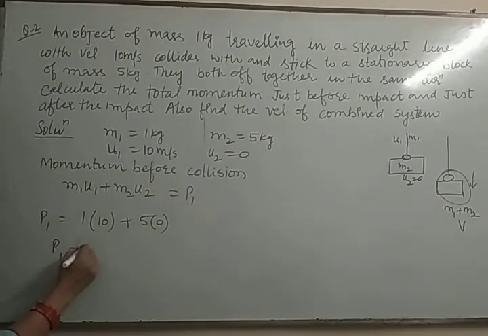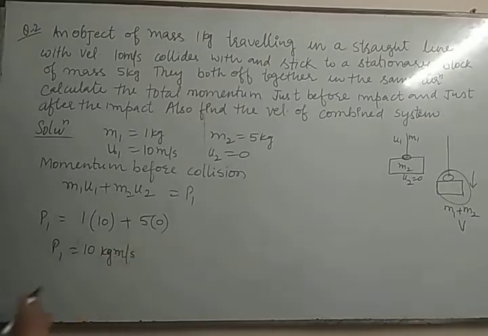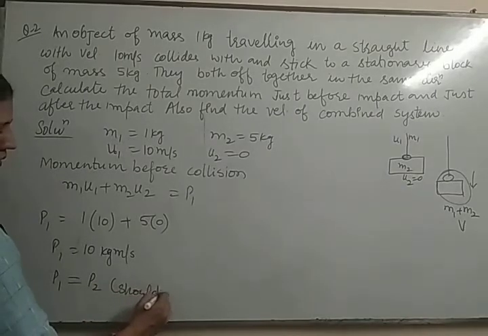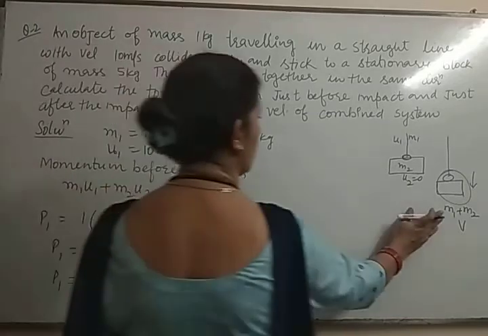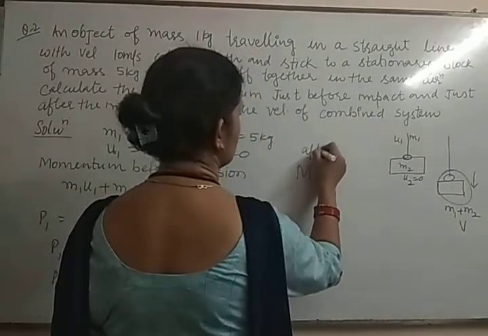So p1 is equal to 10 kilogram meter per second, the unit of m into v. And according to the law of conservation of linear momentum, this p1 should be equal to p2. So what is p2? The masses are, the new mass is after collision.